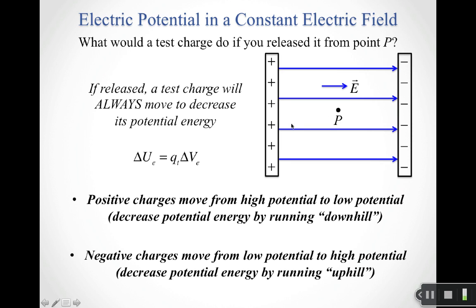So negative charges decrease their potential energy by running uphill, in terms of the way that we think about how the potential acts like a hill. So my negative charge, when you release it, will move against the electric field. My positive charge, when you release it, will move with the electric field.